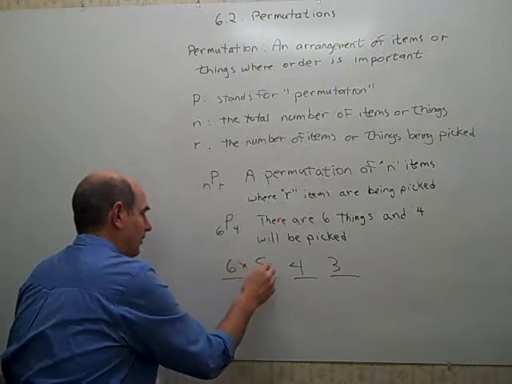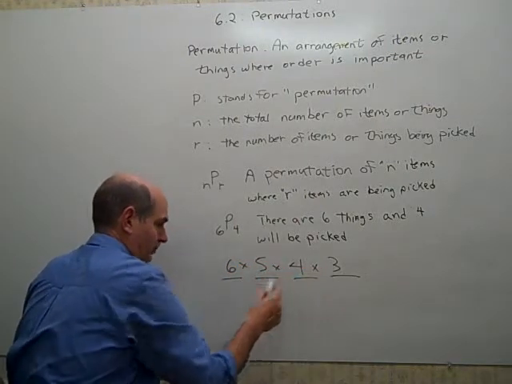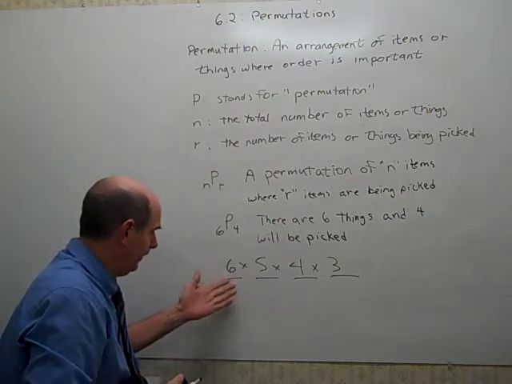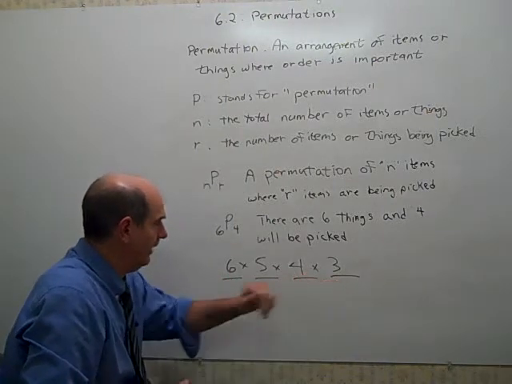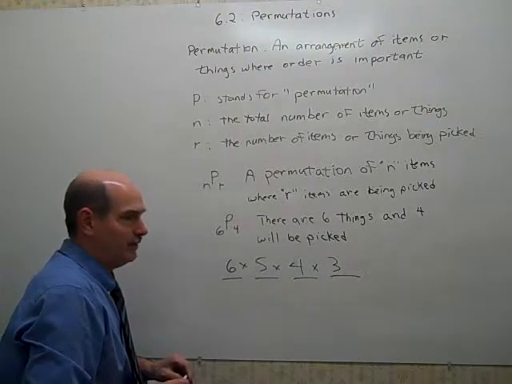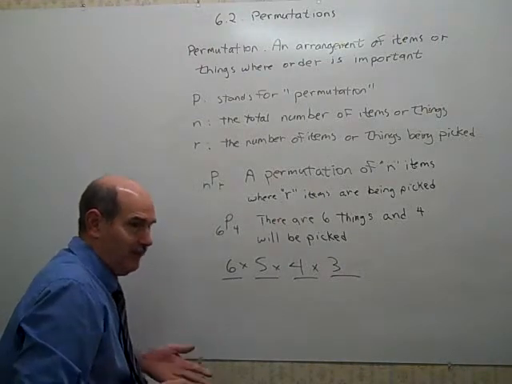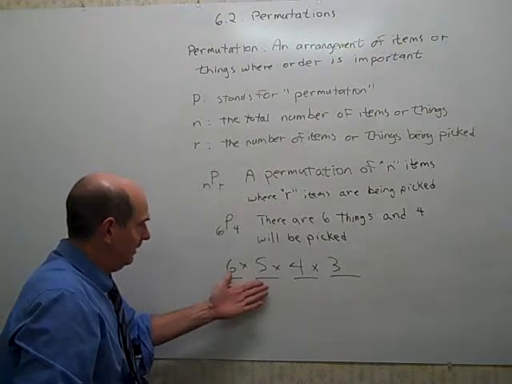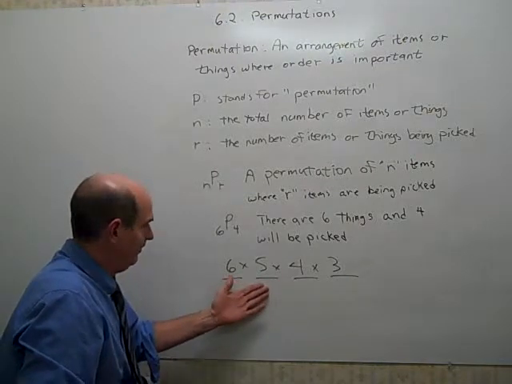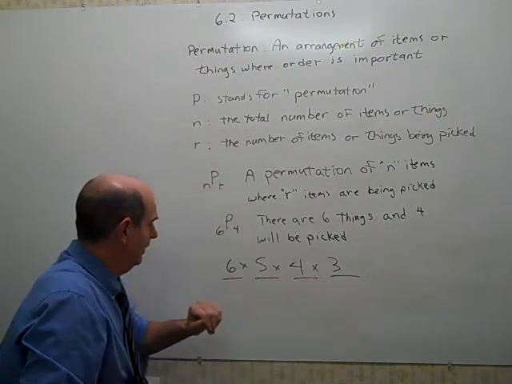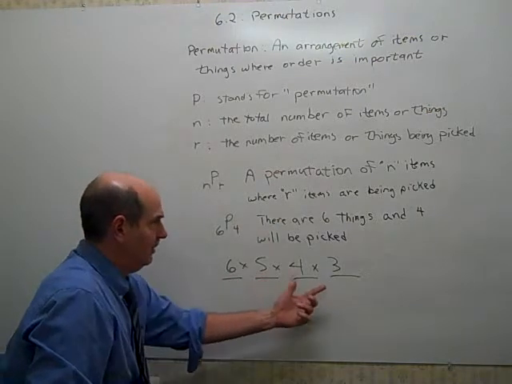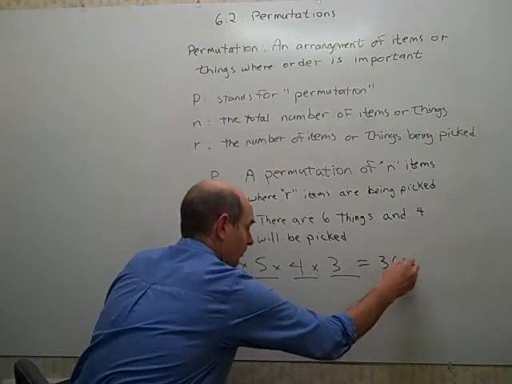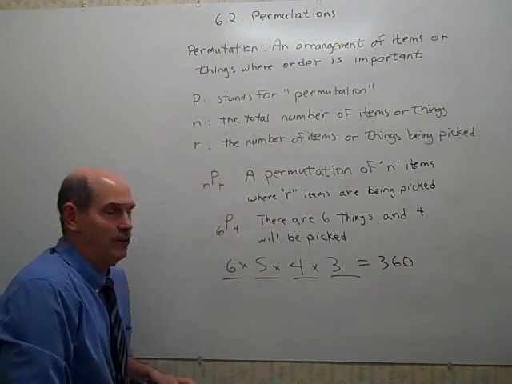Now we're using the fundamental counting principle that we studied in lesson 1, where you have categories of things: first leg, second leg, third leg, fourth leg. The number of ways that you can put them together is a product of the number of choices you have in each set. So you have 6 choices, then 5, then 4, then 3. So this would be 30 times 12, or 360 ways that you could put together a relay team.